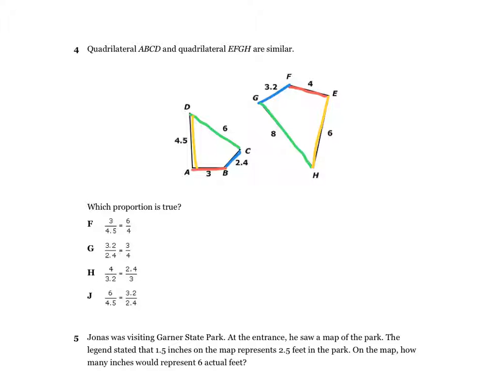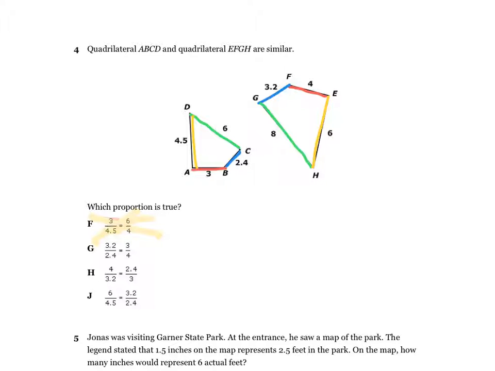So for example, 3 is red, 4.5 is yellow, 6 is yellow, so that one's not going to work, right?